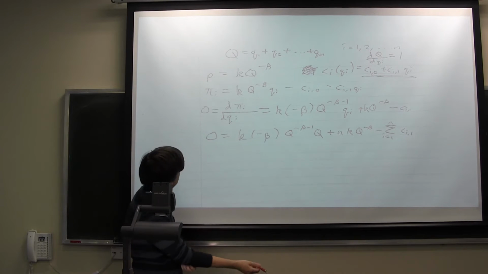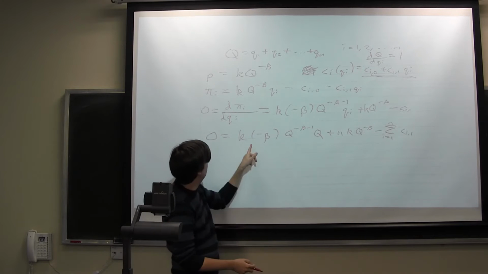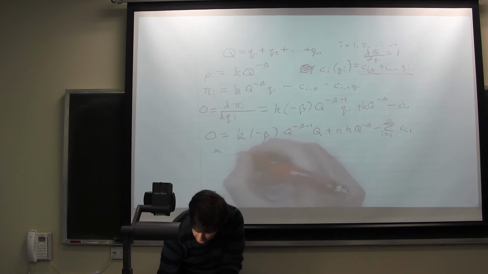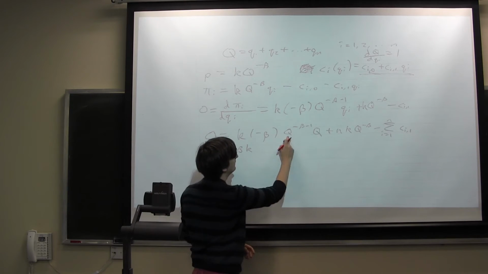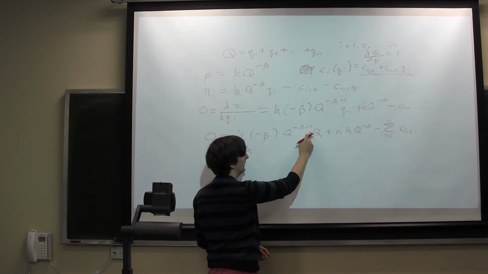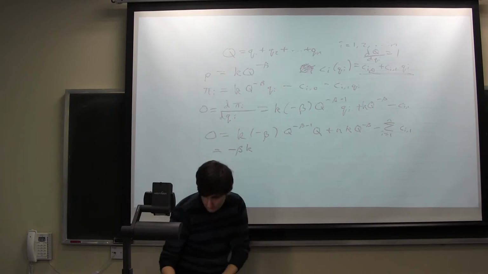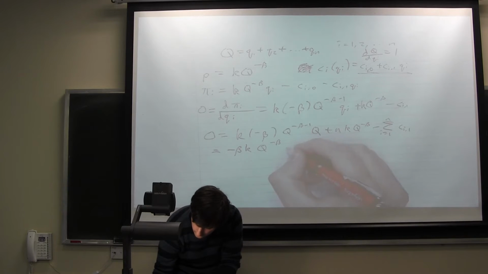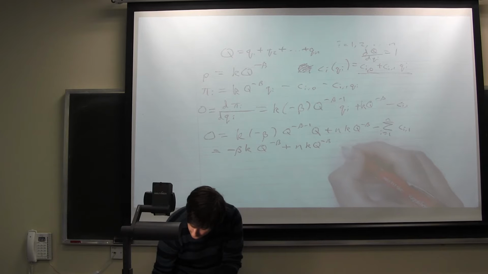Okay, so we're almost there at this point. Now we just simplify that. So let's take this minus beta to the front, minus beta K. We've got Q to the minus beta minus 1 times Q, well that's just the same as Q to the minus beta. Then we have n K Q to the minus beta.